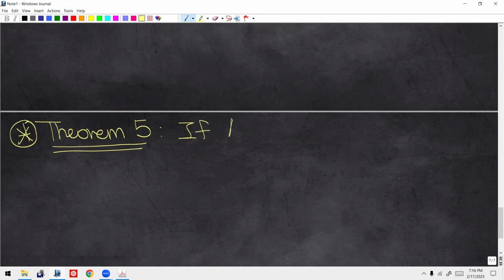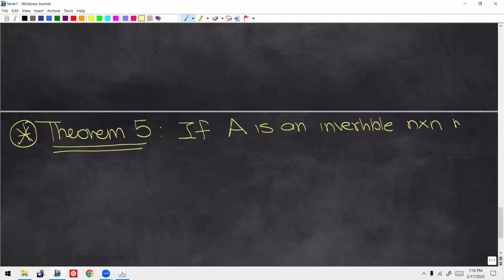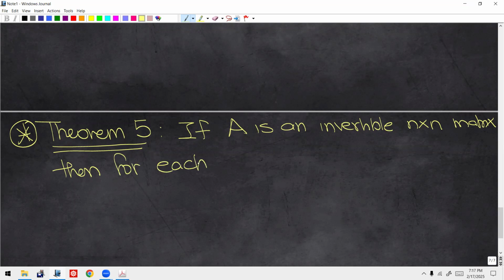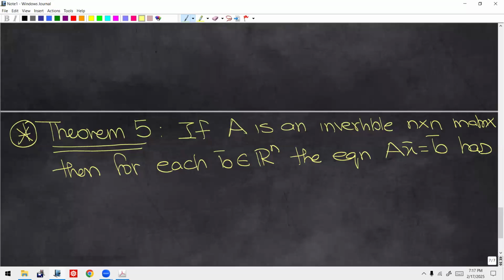It states that if A is an invertible, that means it has an inverse, invertible n by n matrix, then for each vector B in Rn, not just a specific one, for every B in Rn, the equation Ax equal to B has a unique solution.